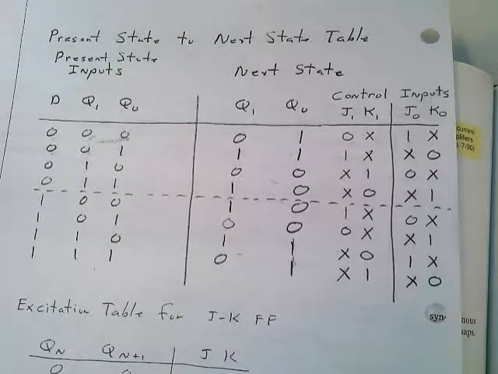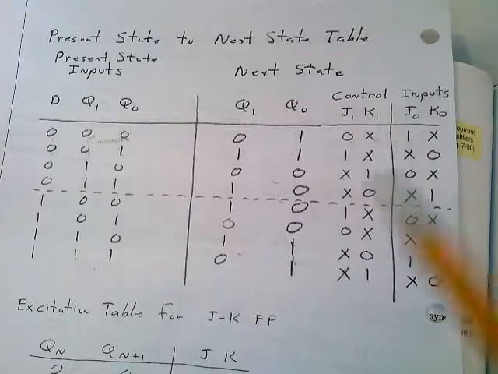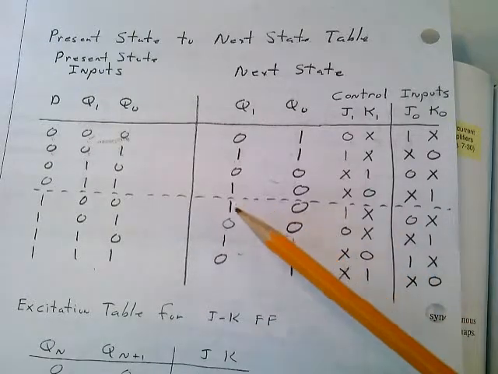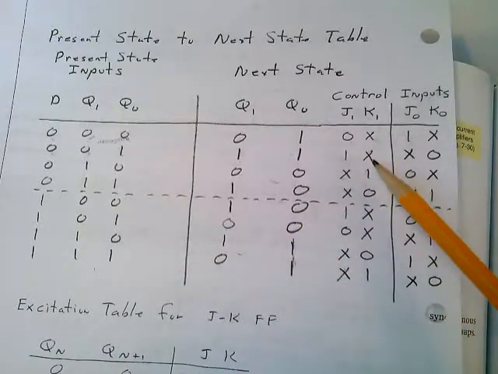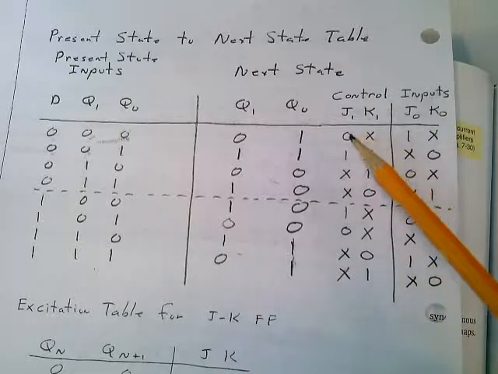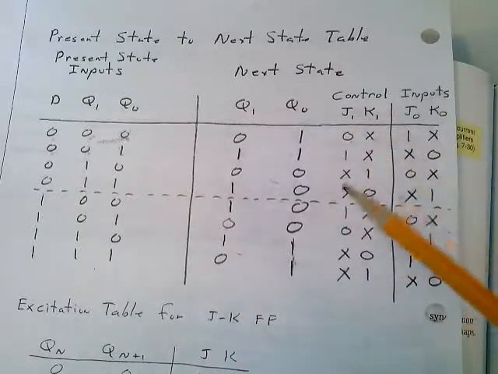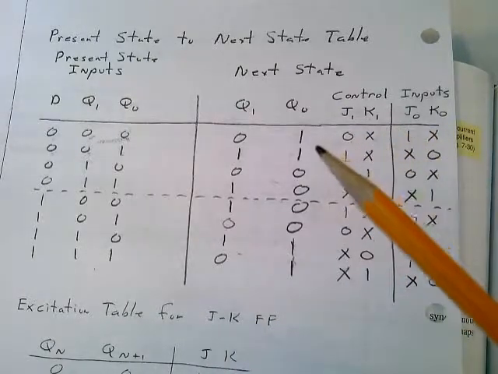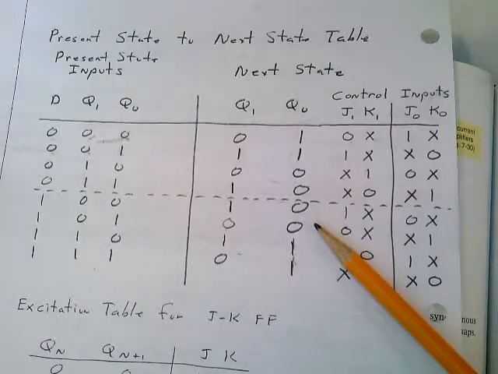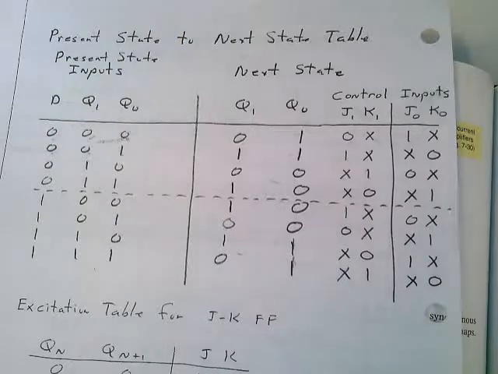You get that from the specification. And from the state transition diagram, you have to account for every arrow. And you do that in your present state to next state table, incorporating those control inputs, which are your J and K terms. And then you simply go from this table now to your final output maps. Realize the circuit and you're done.